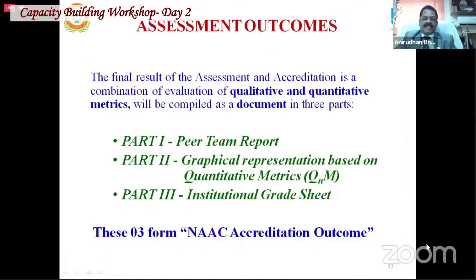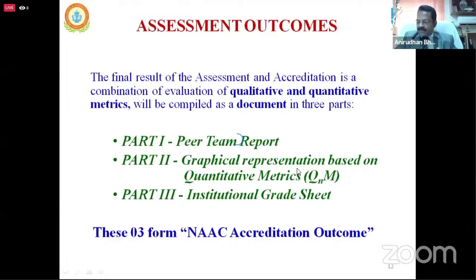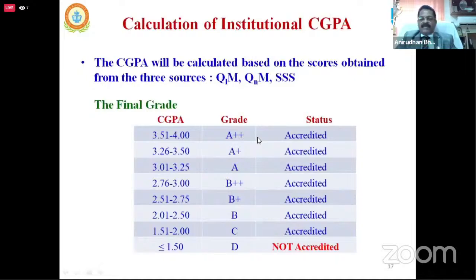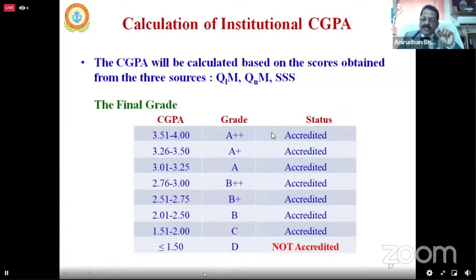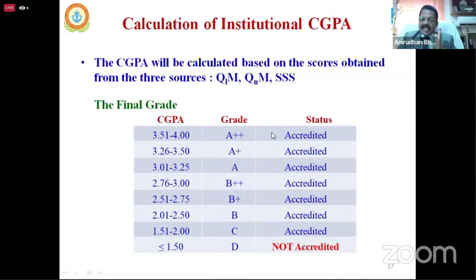And this is the assessment. For the accreditation points or the CGPA, it is a minimum 1.51, that is 1,510 marks out of 4,000, to get accredited at least with C. And from C to A++, it becomes 3,510 marks out of 4,000.